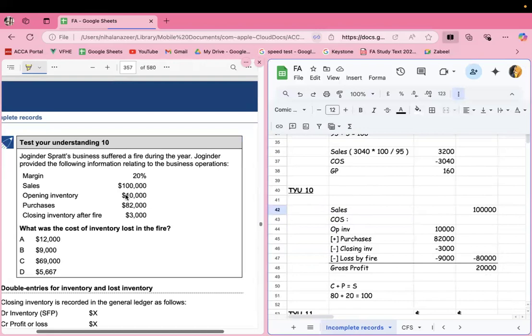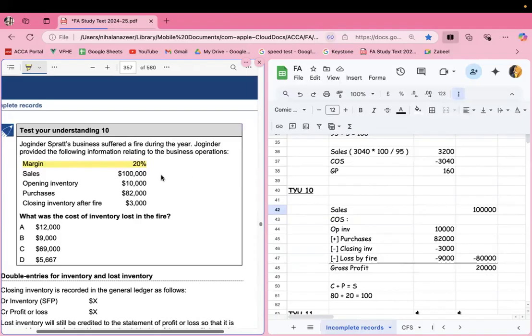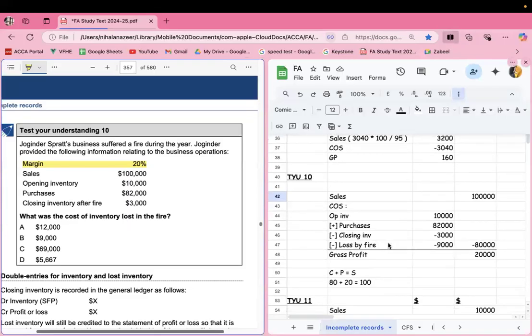Joginder provided the following information relating to the business. They are on margin, right? So sales is 100. Sales amount is given to you. Opening inventory 10,000 is given to you. Purchases 82,000. Closing inventory after fire 3,000 is given to you, right?